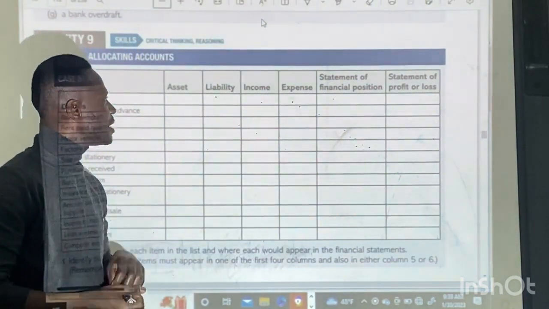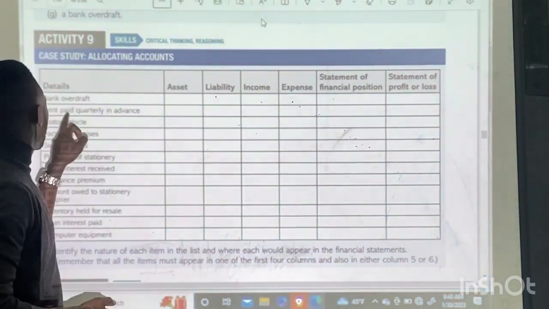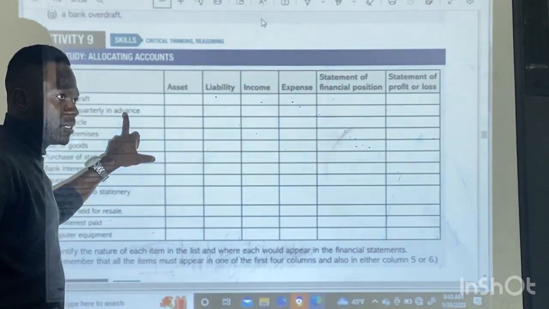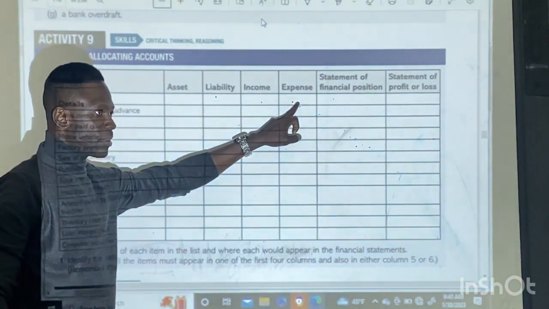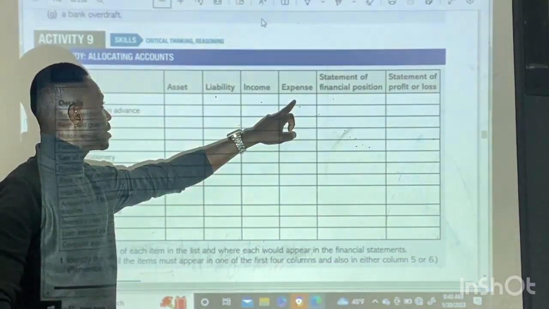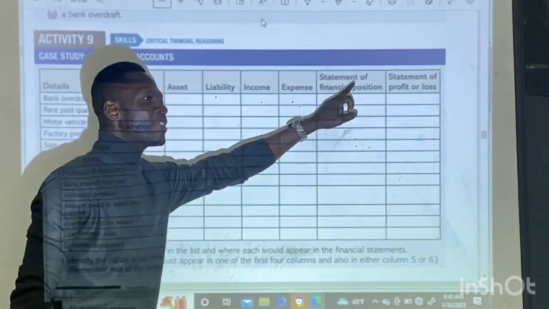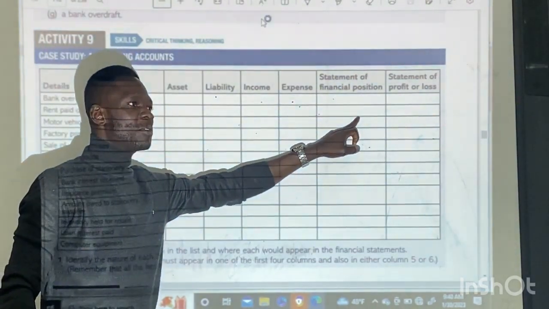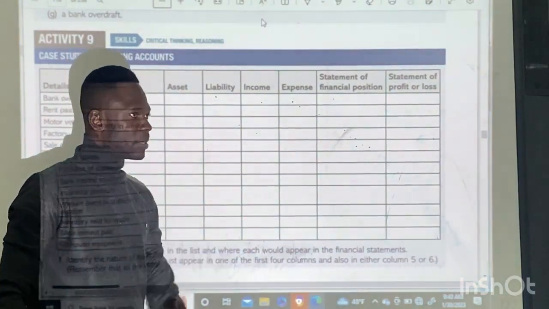And is it an expense or income? Prepayment on rent. Rent we paid quarterly in advance. It's an expense for the business. But where do you record it? Statement of profit or loss. No, statement of financial position. Because it's prepayment. So it's going to be statement of financial position.